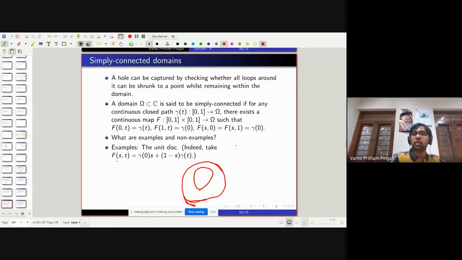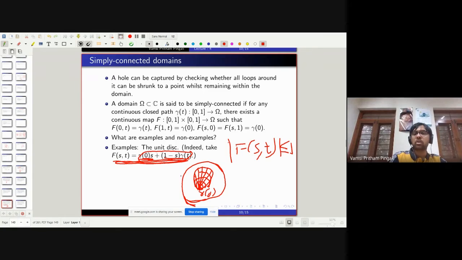Just define f of s comma t like this: gamma of 0 times s plus 1 minus s times gamma of t, which means you take gamma of 0 and simply connect all these points by means of a straight line to this. So at every point of time, you get these sorts of curves. And this will always be within the domain. F of s, t is also within the unit disk.